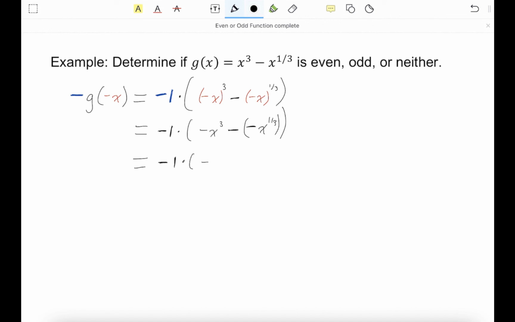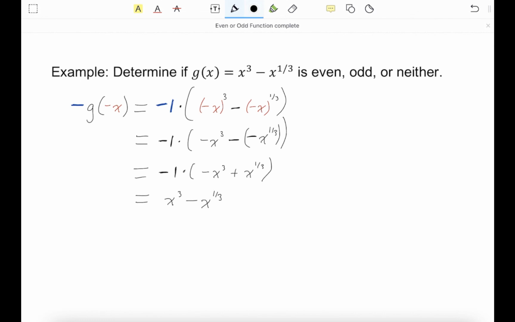So this is negative x cubed plus x to the 1/3. Now distribute in that negative 1, that gives me x cubed minus x to the 1/3, which is exactly the original. And this was the test that it's odd, so this one is an odd function.